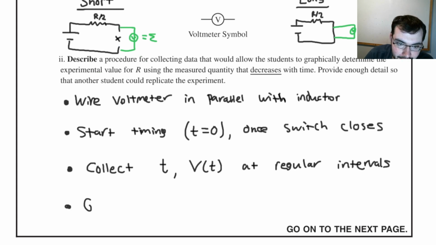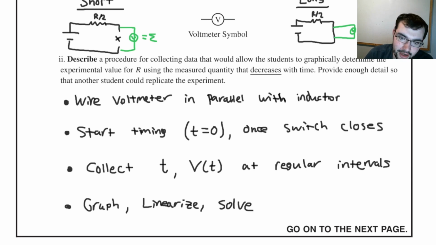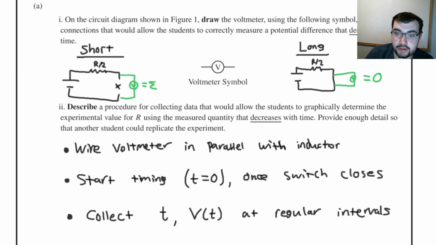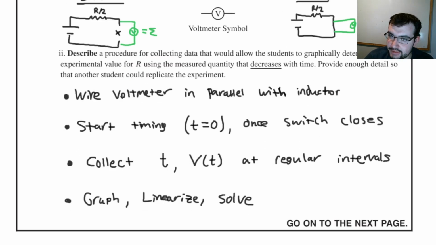And you're going to graph, linearize, and solve. And we'll do that later, which is why I'm not telling you how to do that right now. You could also just use the actual graph and do some either half-life manipulation or the percentage rules with time constants. Lots of ways of doing this.